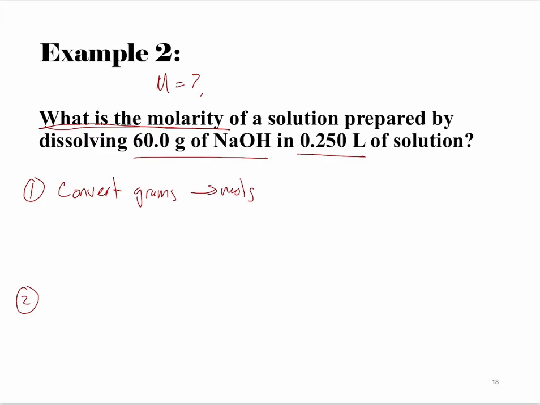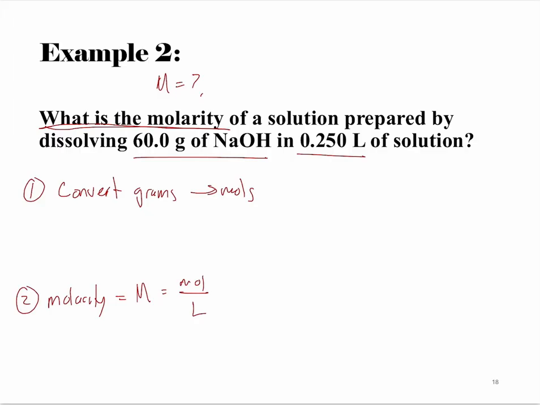Yeah, just use the formula, the definition of molarity. We just plug it in, molarity, which is just defined as M is equal to moles per liter. And thankfully, our volume is already given to us in units of liters, so we don't have to do another conversion. All right, so why don't you guys take 2 minutes to convert 60 grams into moles of sodium hydroxide.